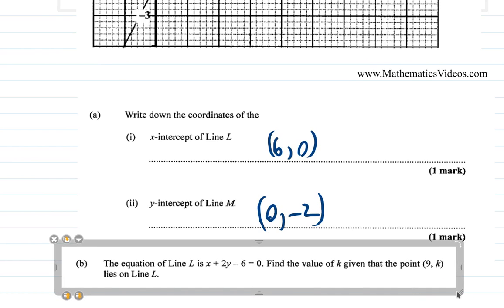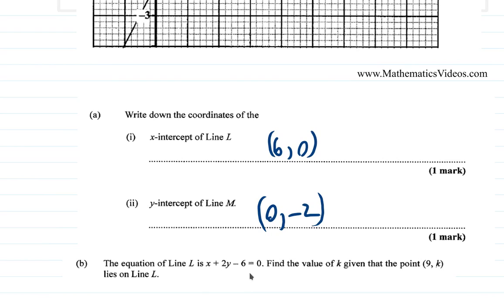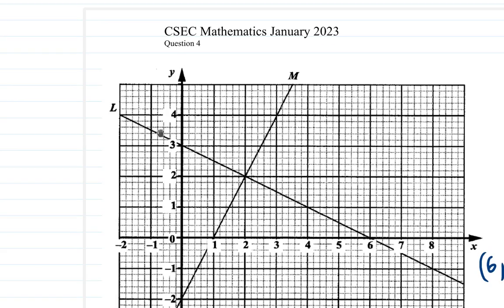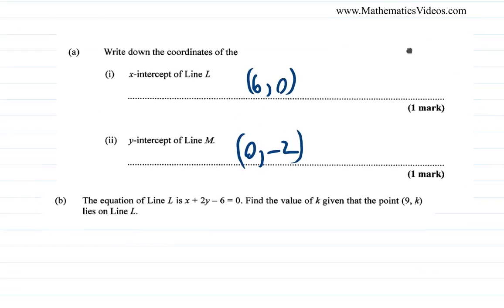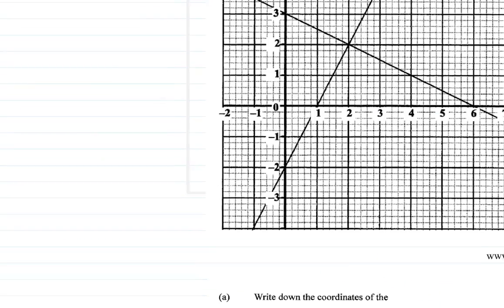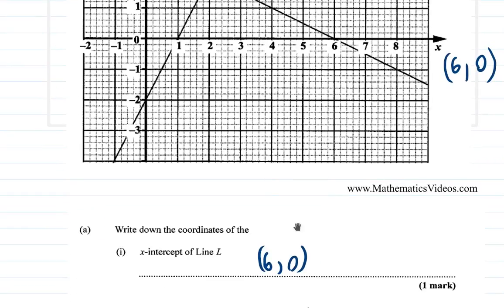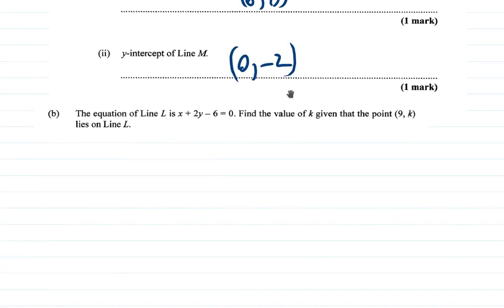What it says, the equation of line L is x plus 2y minus 6 equals 0. Find the value of k given that the point (9, k) lies on line L.